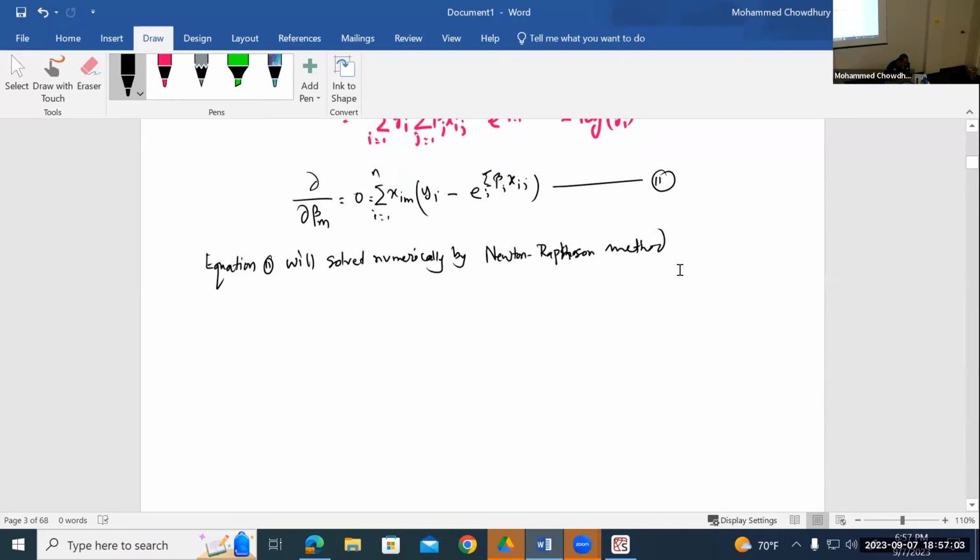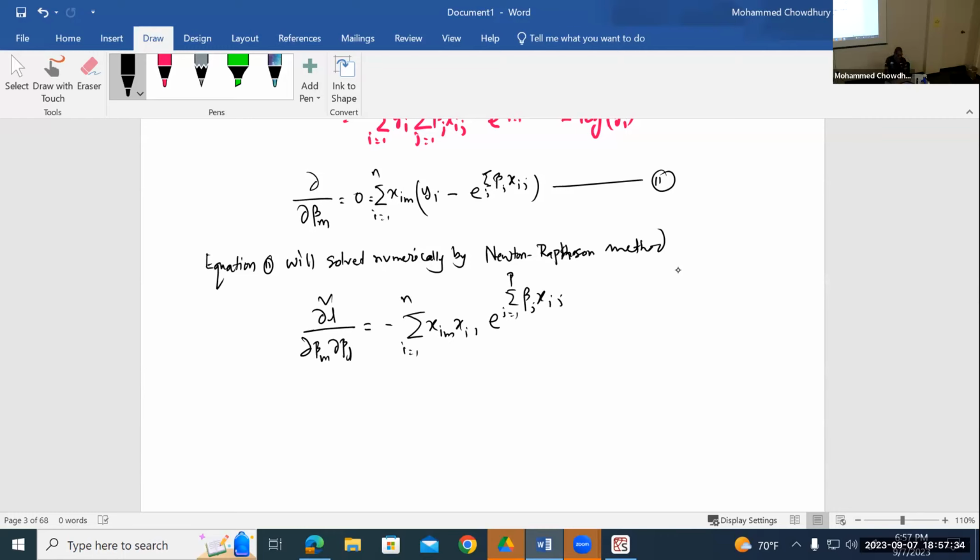Okay, so after that, if you take the second derivative, your second derivative is this one, and d beta_m d beta_L. If you do these things, then you will end up with this expression.